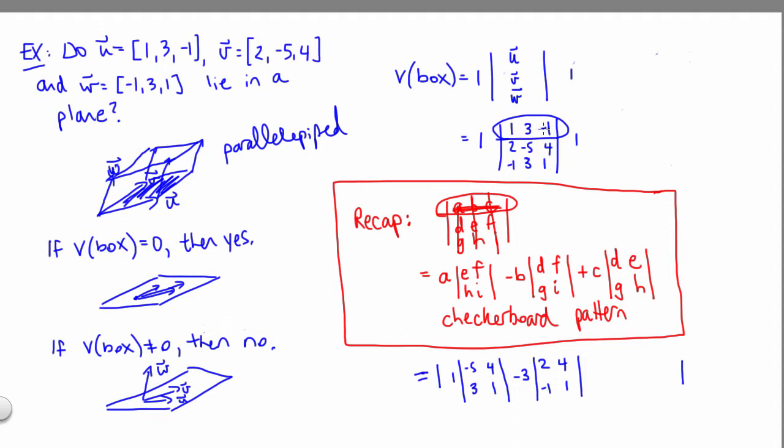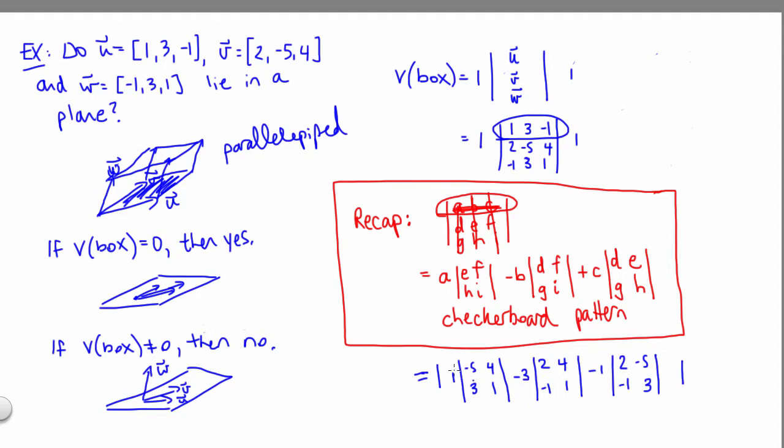And now we're using the third entry in the top row. This entry here gets a positive sign, so it's really plus times negative 1. So in other words, its sign is unchanged. It just stays as a negative 1. Times the following 2 by 2 determinant, 2, negative 5, negative 1, 3. So if you look at our coefficients here, the 1 and the negative 1 have been preserved. The 3 gets its sign changed there.